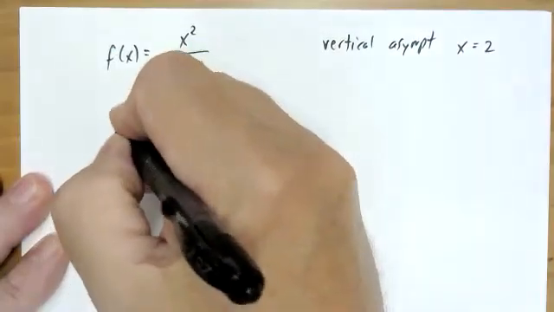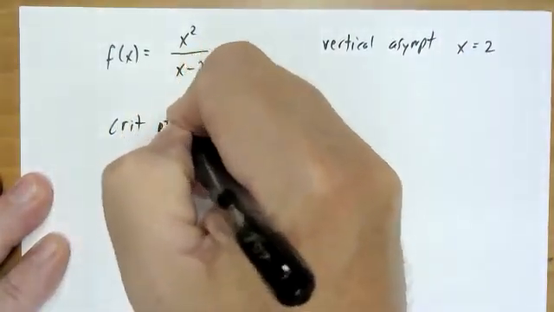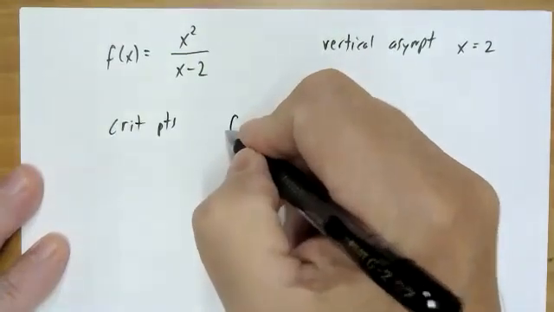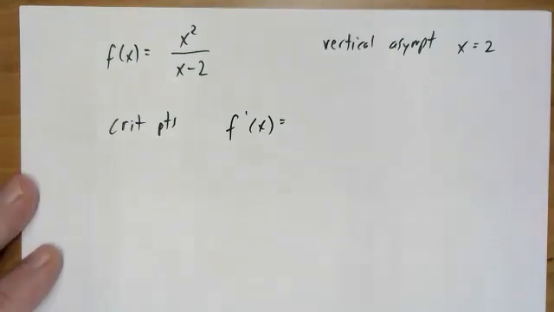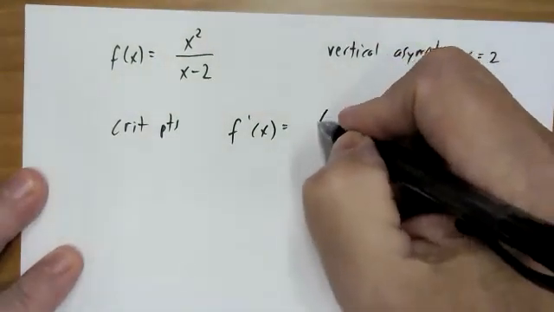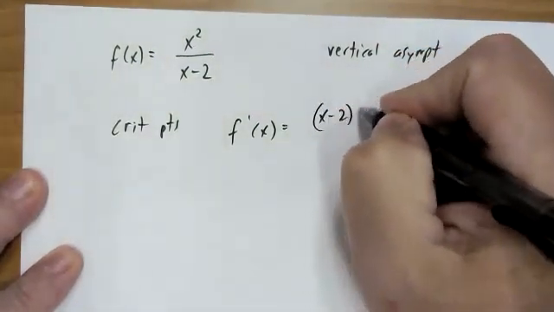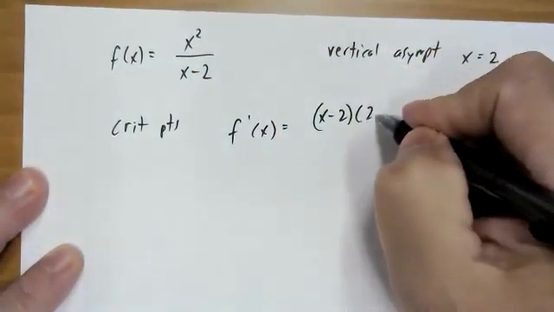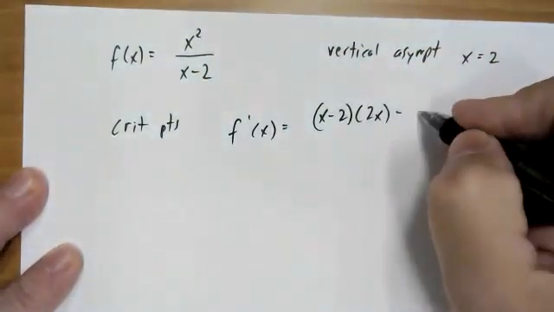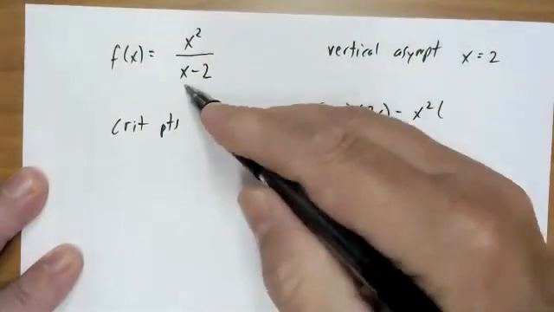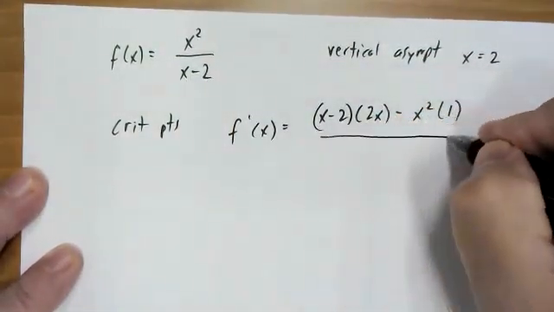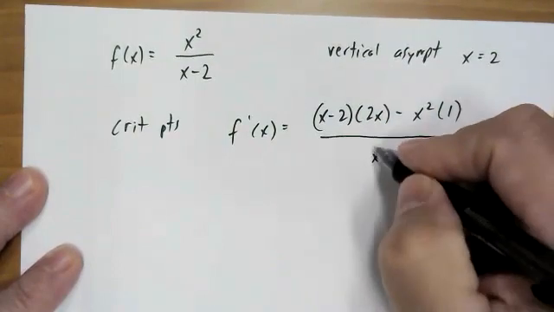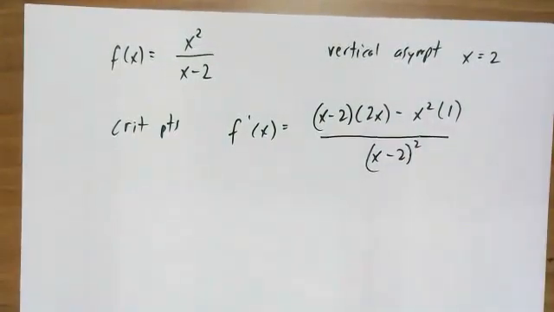Now for the critical points, I have to take the first derivative. So here I'm going to use a quotient rule, right? So low d high, derivative of x squared is 2x, minus high d low, derivative of what's at the bottom is just 1, over the denominator squared.